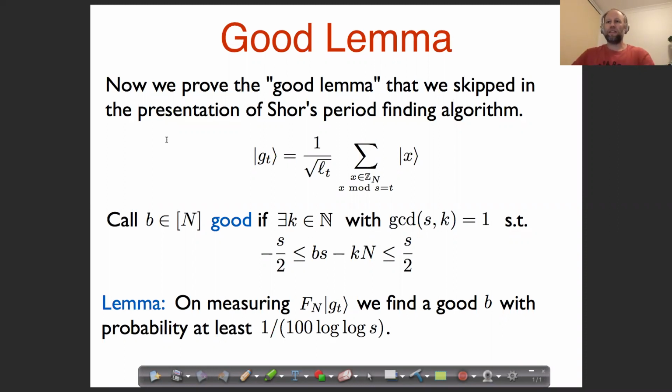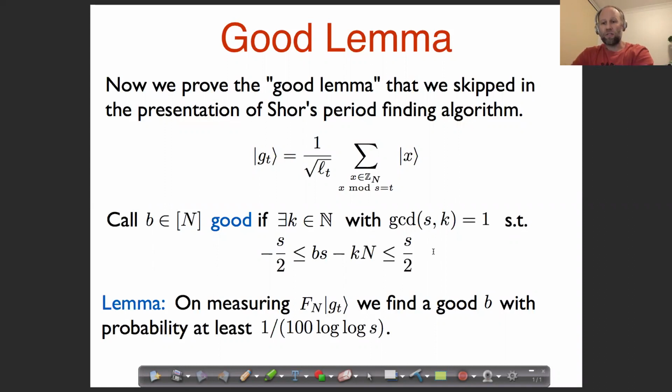We had this state GT, and in the previous segment, we argued that if after we applied the Fourier transform to GT and we measured, we saw an index B which was good, in the sense that there was a K such that the period S was relatively prime to K, and B times S was fairly close to K times N, then we were done. So then from this B, we could compute S.